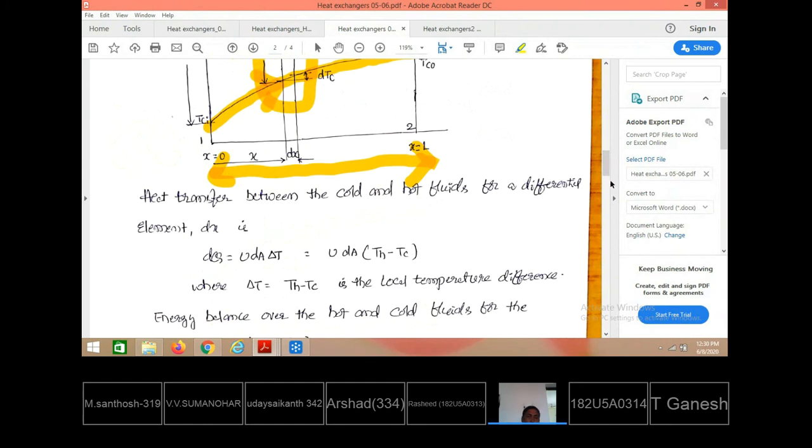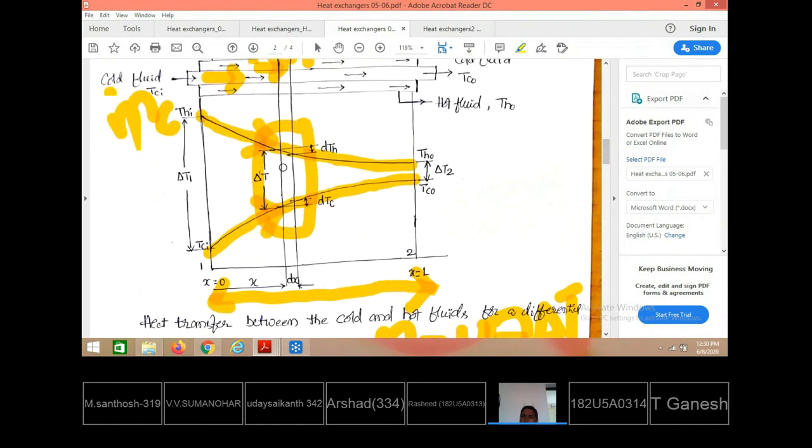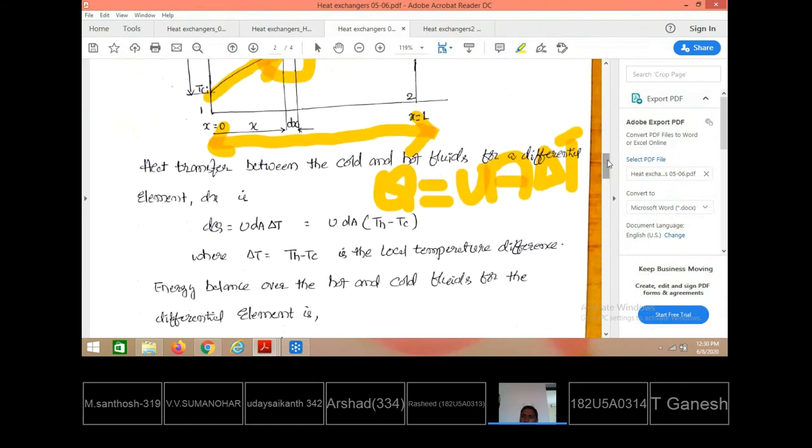For the whole heat exchanger, the heat transferred is Q, so Q equals UA into delta Tm. This is applicable for the whole heat exchanger. But here we are considering a small length of the heat exchanger, the elemental length of thickness dx, over which only an elemental heat transfer dq takes place.